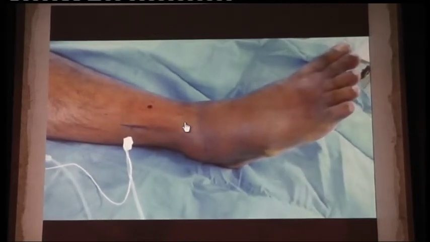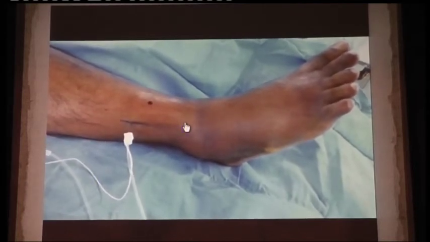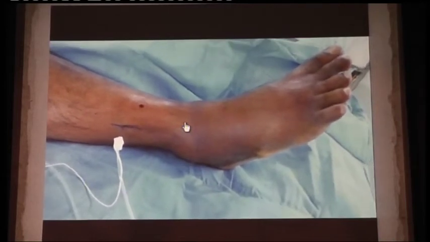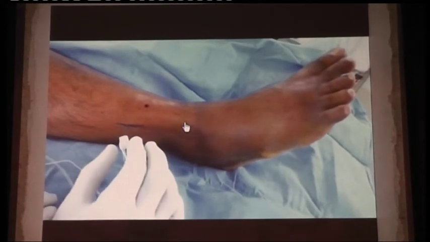Here I am showing one interesting response. The response was there till a current of 0.2 milliampere. So I had to withdraw the needle a little bit. So probably I was intraneural. This is shown.